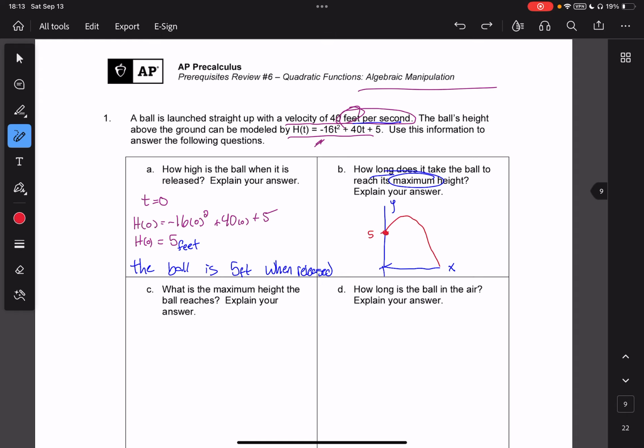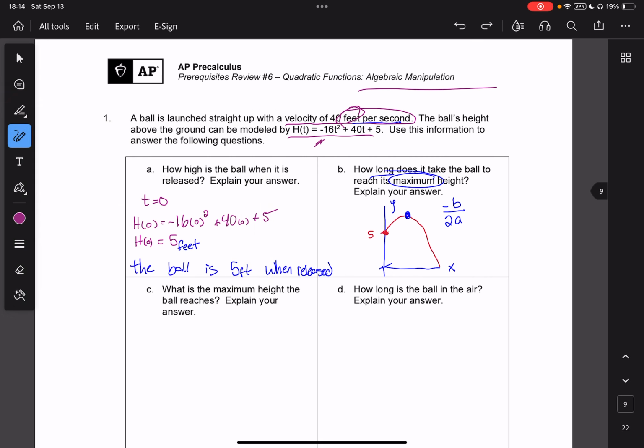The maximum height is its vertex. There's a specific equation that we use to figure out the vertex, and it looks like this. Negative b over 2a. This is how we find the vertex.